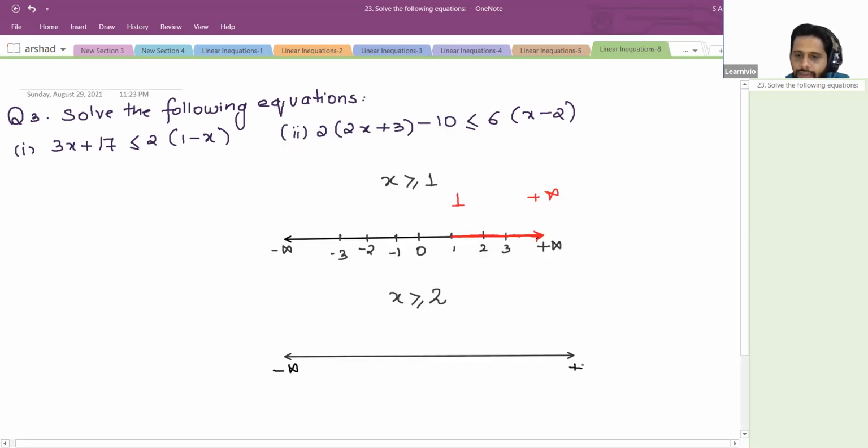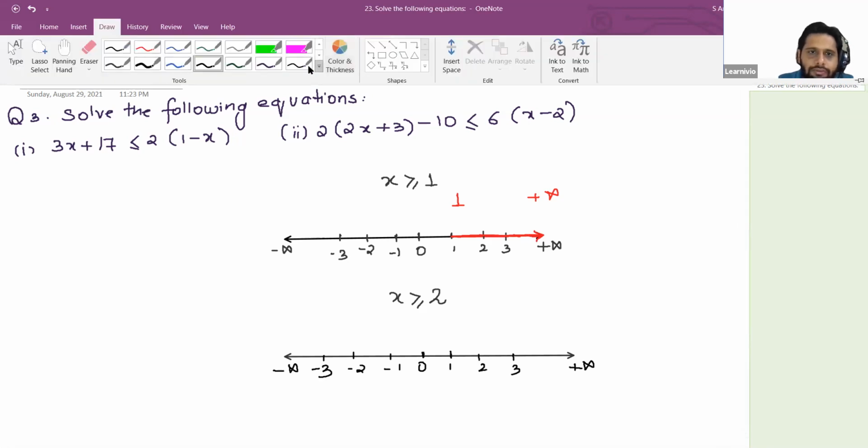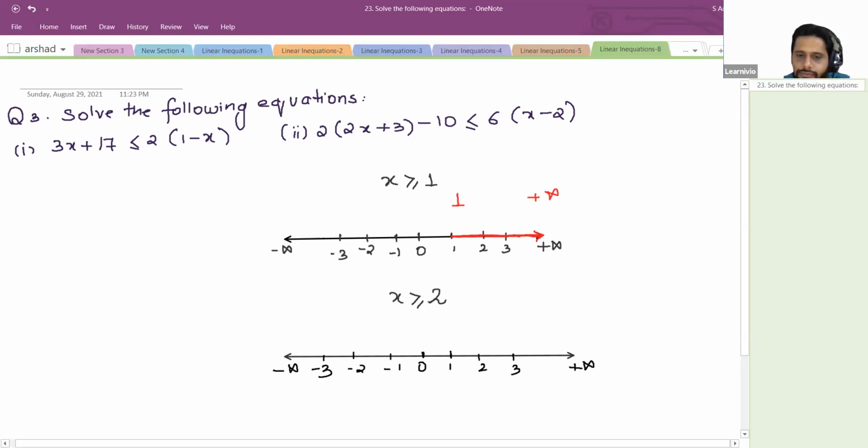On the right side, we will write plus infinite. We will write 0, 1, 2, 3. Similarly, on the left side, we will write minus 1, minus 2, minus 3. And then we will highlight this part. x is greater than or equal to 2. So 2 is our solution. The value is 2 and greater than or equal to 2. So this complete part is our solution.